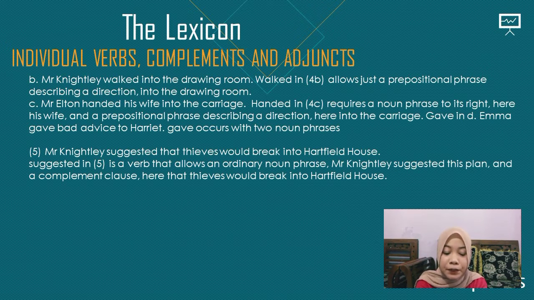Nah, pada contoh ini tidak semua kata kerja give berperilaku seperti memberi. Emma gave bad advice to Harriet, Emma memberi nasihat buruk kepada Harriet. Itu berbeda dengan Emma memberi sebuah apel kepada Harriet. Jadi konteks memberi di sini berbeda. Jadi saya jelaskan lagi bahwa tidak semua kata kerja give itu berperilaku seperti memberi.